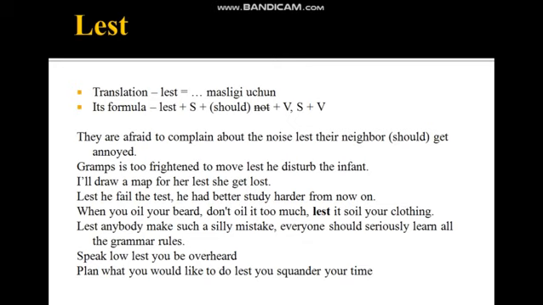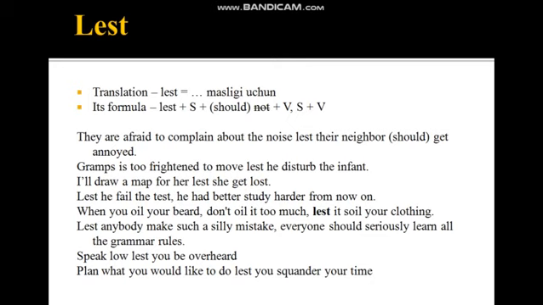That is the one which I consider the most difficult and confusing one. So, guys, just pay attention to it very carefully, okay? After "lest" there is a subject, the person who does the action. After the subject, you should have "should," or you have the chance to omit the "should."